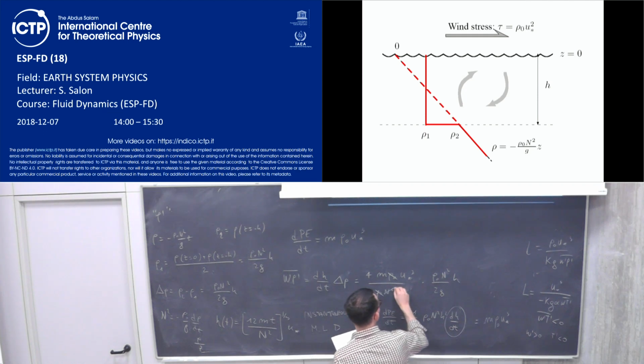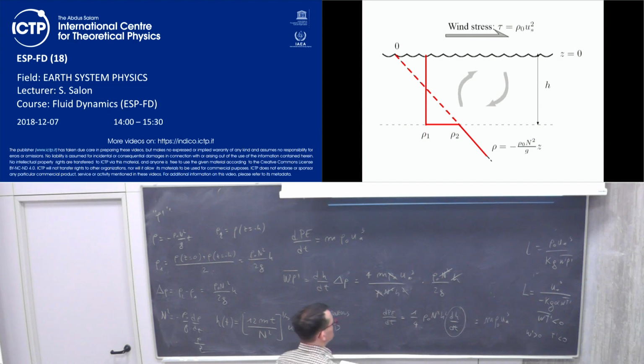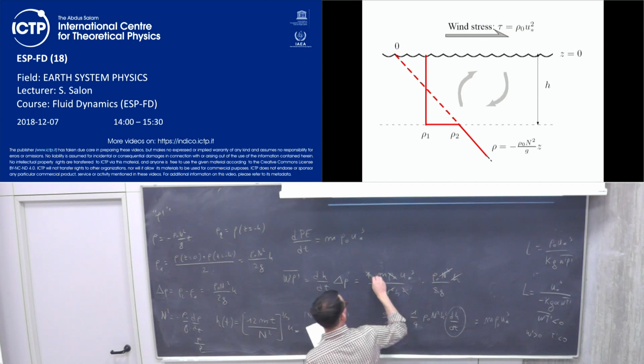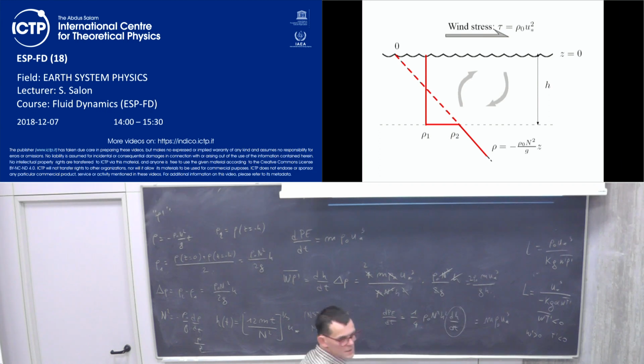So we can neglect n squared, very important. We can also remove one H. We can also make a substitution like this, and what we have is m u star cube rho 0 over g H. It's much easier from the desk to follow.